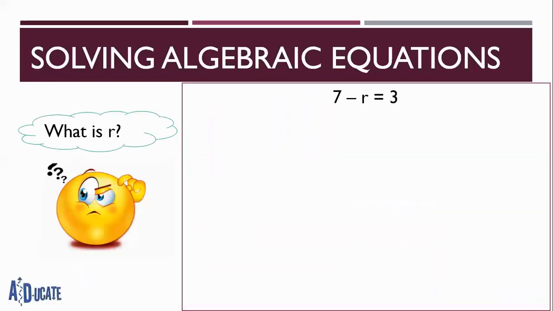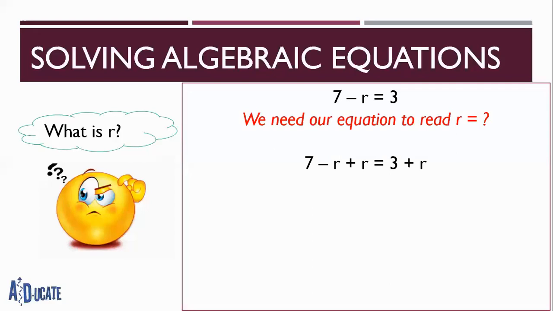The first one, we need to find r. This algebraic equation says 7 minus r equals 3. But we need our equation to say r is equal to something. In order to do this, we need positive r. Right now we are seeing r, and in front of r is a minus sign.